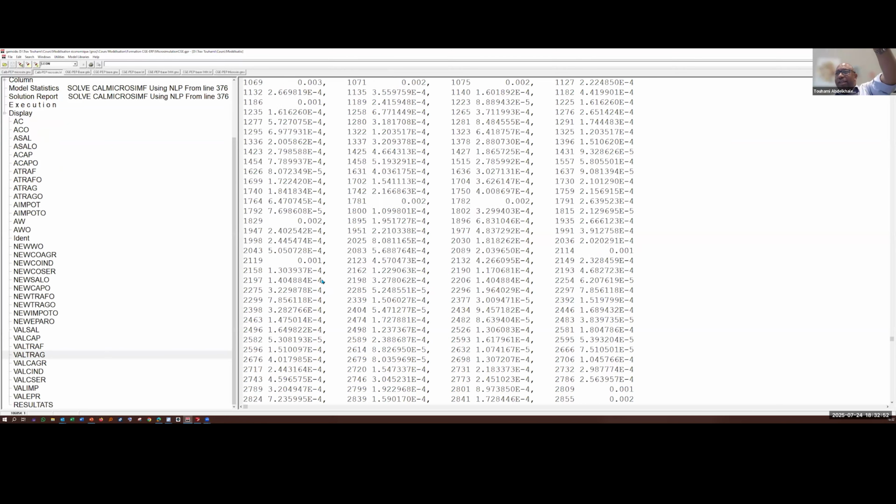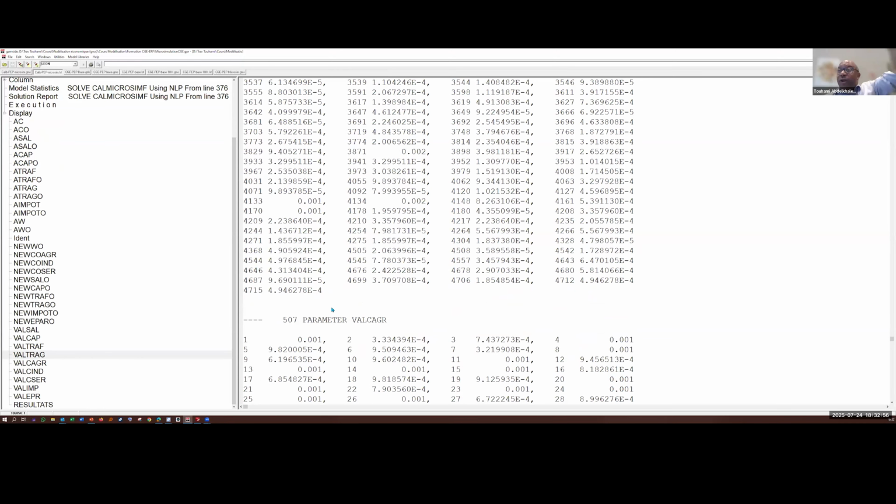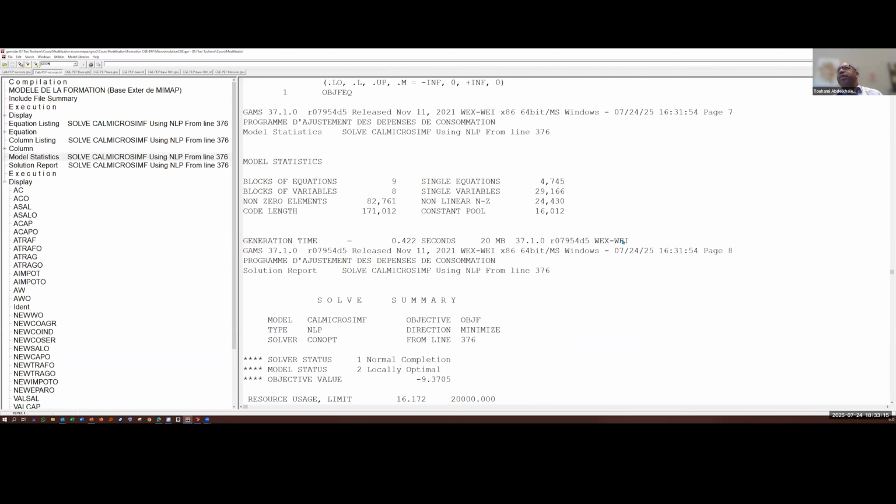We have all the values we need for each household. It's different from the value we have in the input survey. It's changing, but we have to change only marginally for each variable because we have many variables. Just to give you a statistic of this model, look at the number of single variables we have.